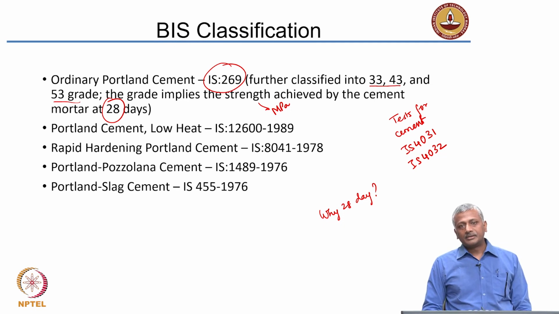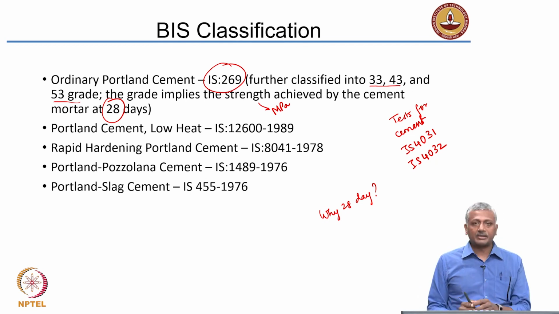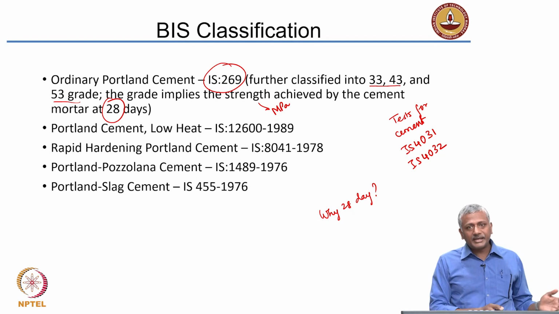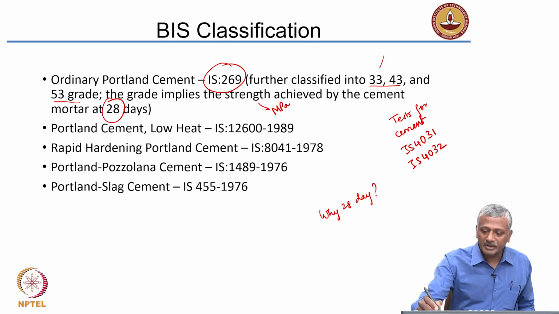Very often in construction sites, we are interested in finding out the 28-day strength. When we design concrete in the laboratory also, we talk about 28-day strength. Very often we also look at early age strengths at 7 days and 3 days depending upon our requirements. But here, if you look at the grades of cement, they would have specified strengths at 3 days, 7 days and 28 days.